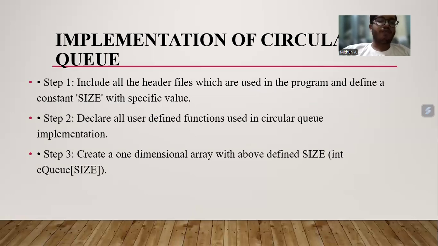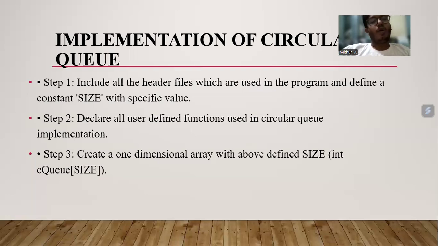In this, the first step is to include all the header files which are used in the program, and we define a constant size for the whole program with a specified value.